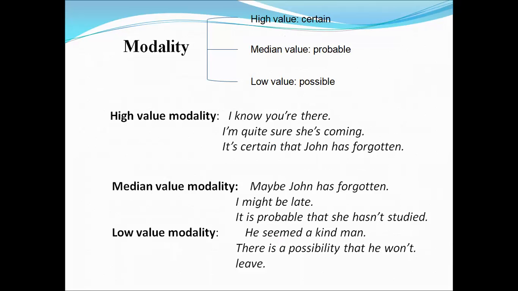Commonly, in modalities, there is certainty and uncertainty. Look at this table again. You can see certainty is high value, and probable. Here you can see median value and low value. Which modal verb can we use to express this scale of modality is very difficult.